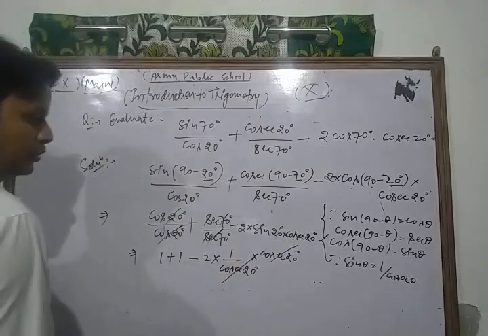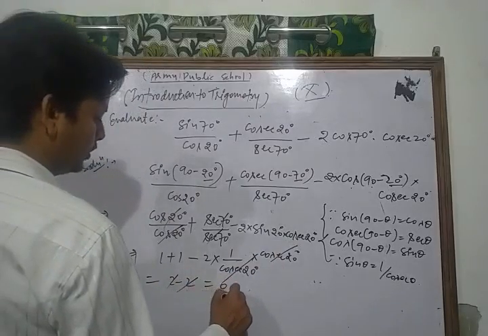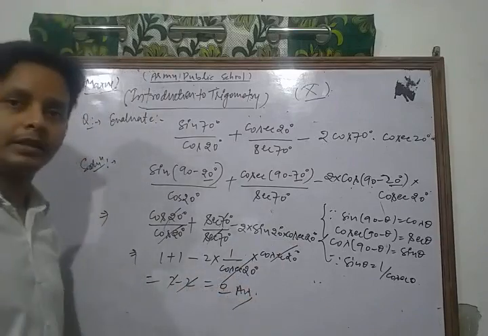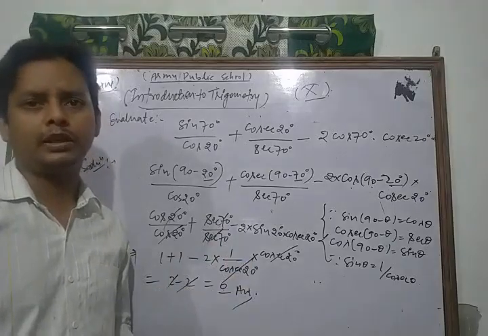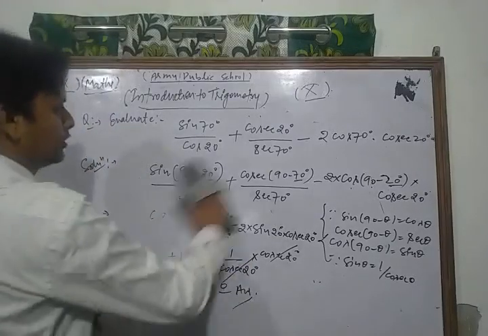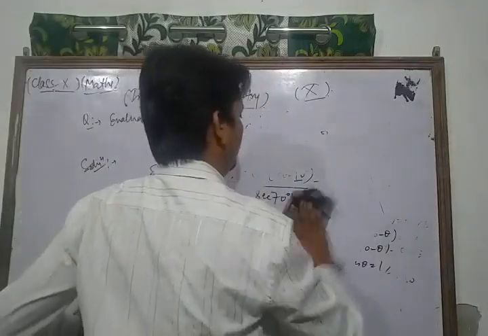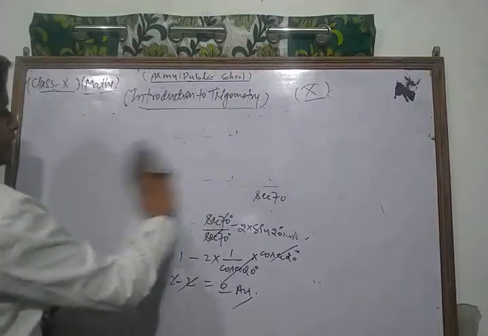These are also cancelled to each other, so we get 2 minus 2, which gives 0. This is your complete answer. So in this way, you can simplify that type of question. Please do more and more practice of that type of questions. These are very important questions for your upcoming examination.